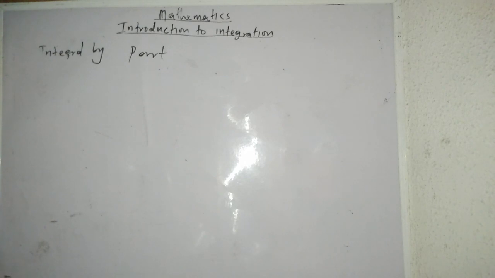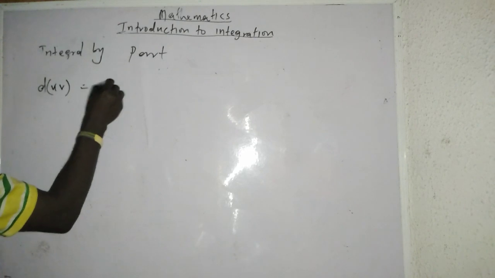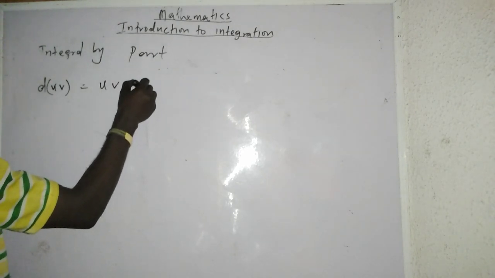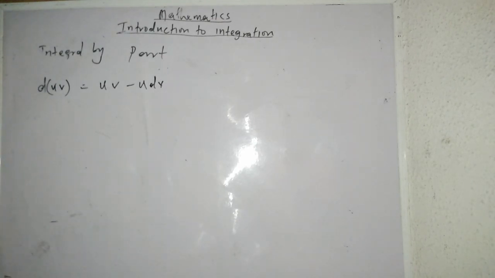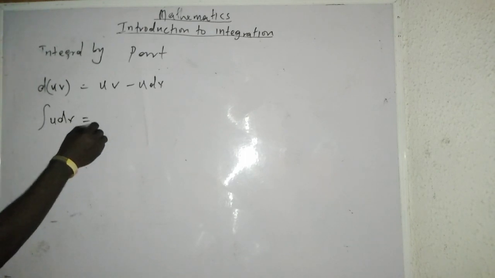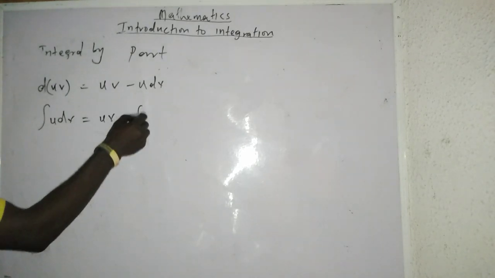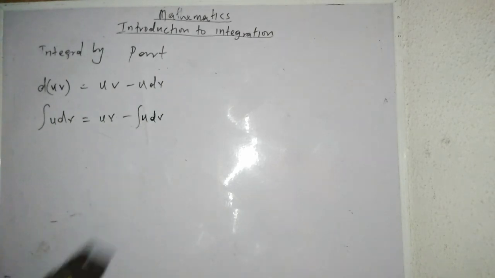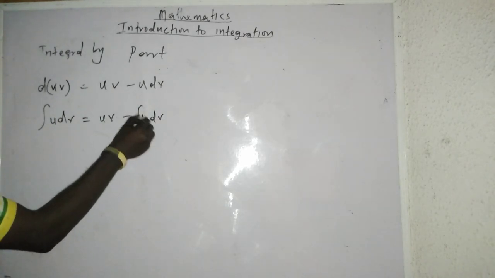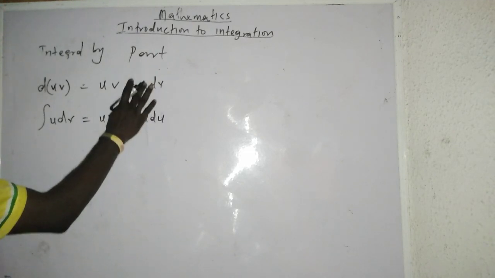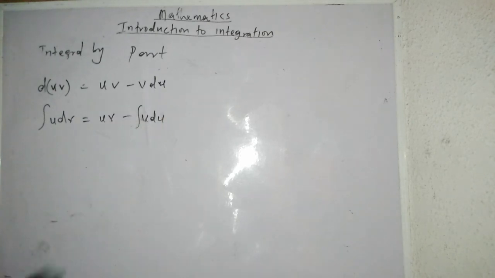Now, if I have integration by parts: I have u dv, and if I integrate this, differentiate this, I will have uv minus v du. So the integral of u dv is uv minus the integral of v du.